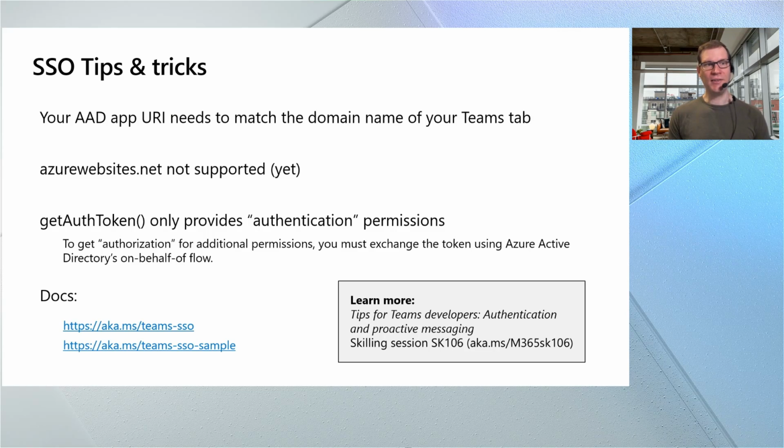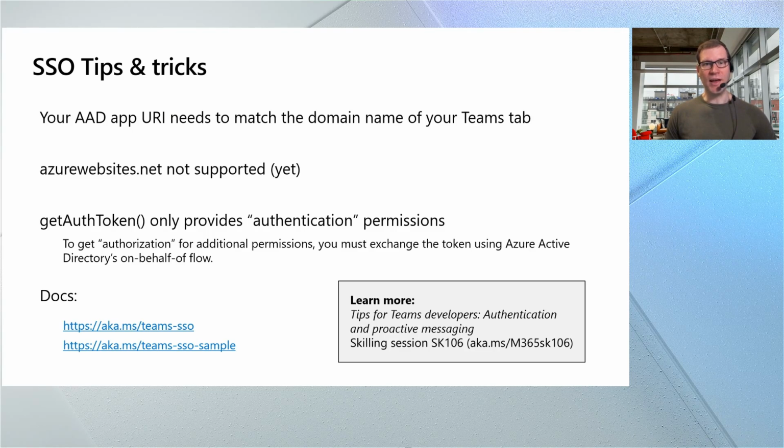That website can't end in azurewebsites.net today. When we created the feature, we were a little overly paranoid about fly-by-night websites and people recycling their website name, registering a name, then unregistering it, forgetting about it, that sort of thing. So we didn't support azurewebsites.net. We are lifting that restriction, but it has not been lifted yet. So something to keep in mind if you want to try it today.